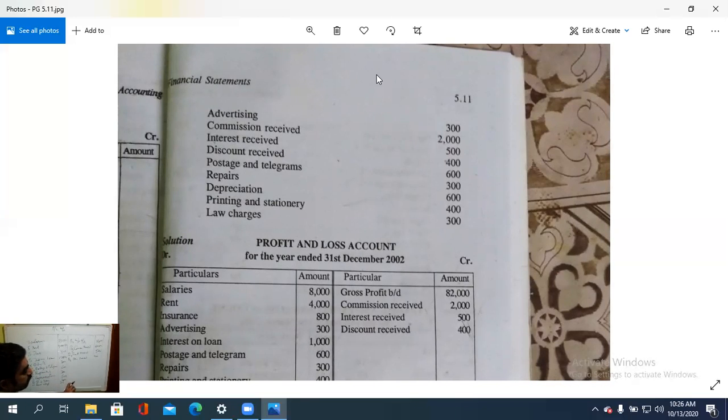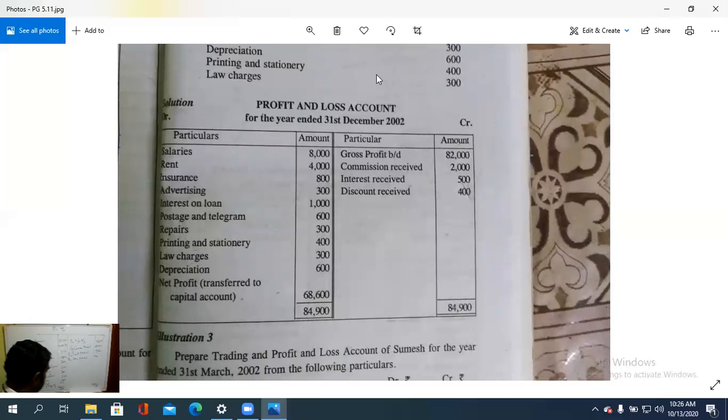Both the sides in the sense, firstly we check the credit side, because usually there is a gross profit and net profit. So 82 plus 2, 84, 84,900 is the total. Then to net profit transferred to capital account. Sure, this side is less. So how much is it coming? 68,600.